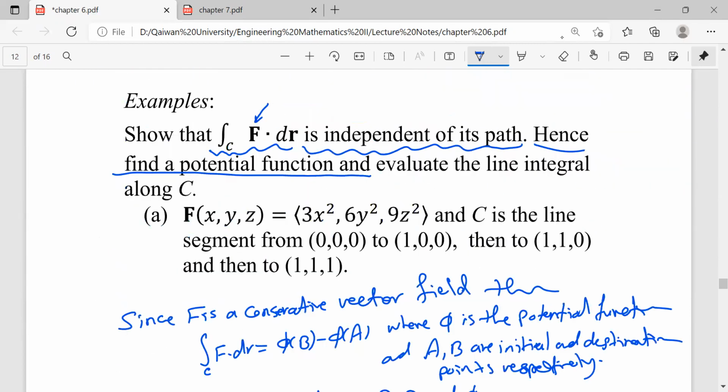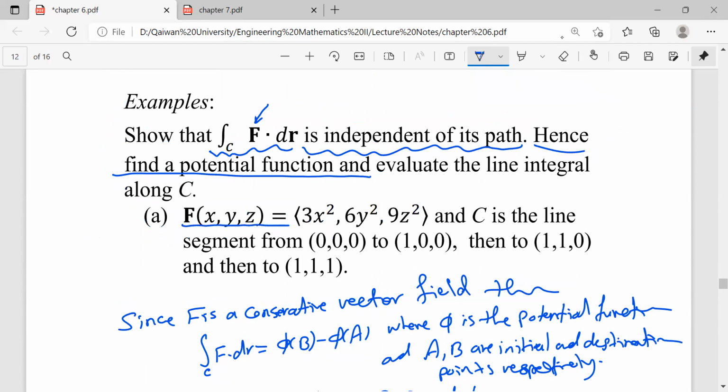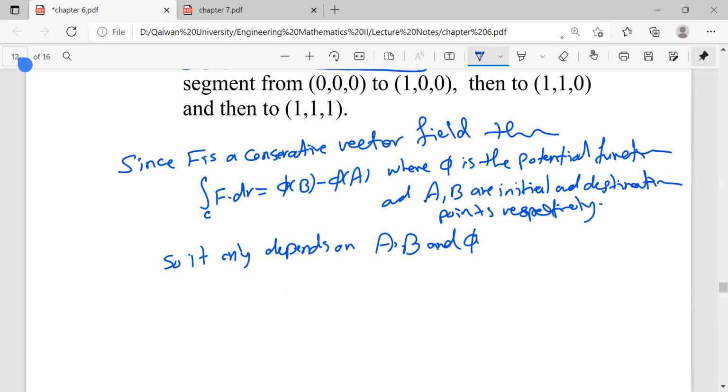Look, we have given that F is this function. From only F, we can get the potential function. This is F of x, y, z, or just F. It's a vector field.